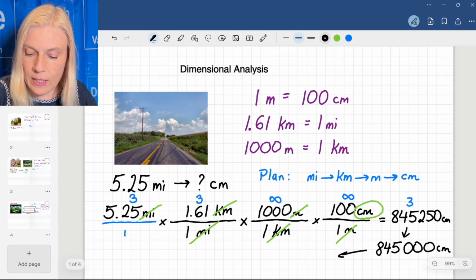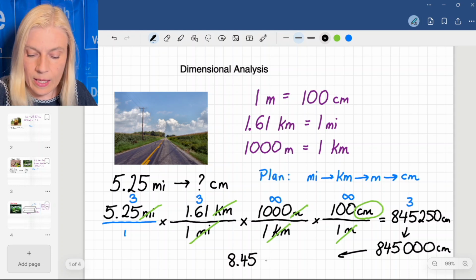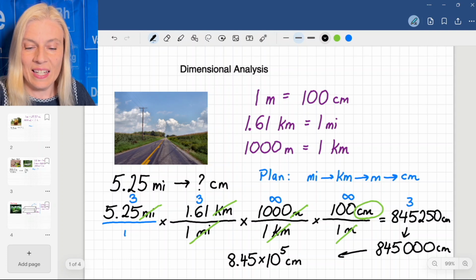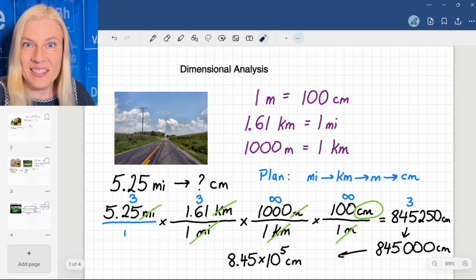So I can say there is 8.45 times 10 to the 5th centimeters. And here it's great because the scientific notation tells me exactly that I have 3 sig figs. How did you do? Is this making sense? We're going to cancel the units, yes? Okay, let's go. Another question.